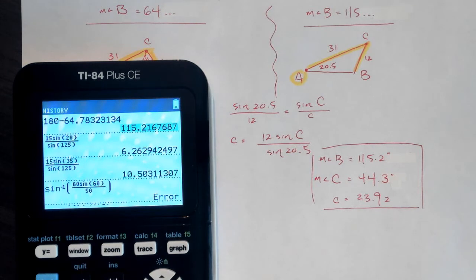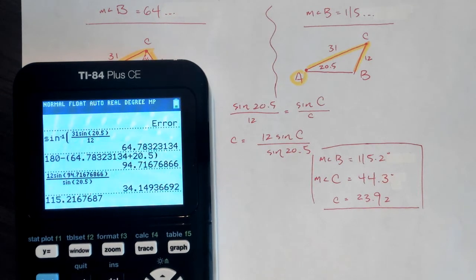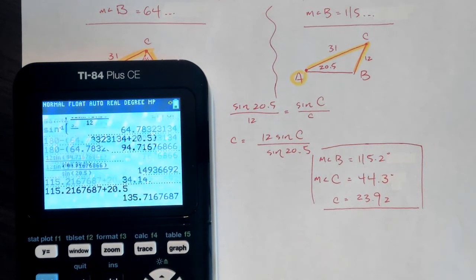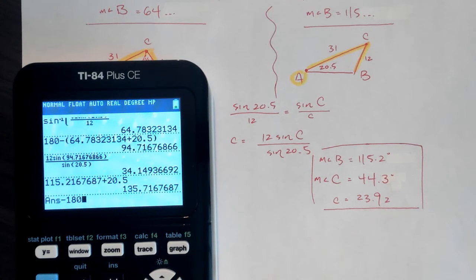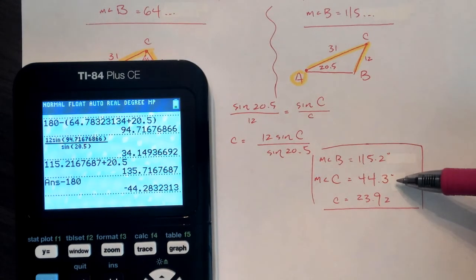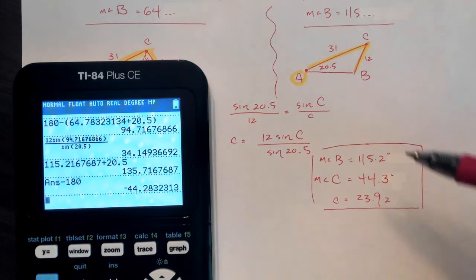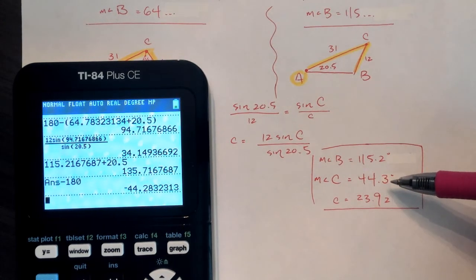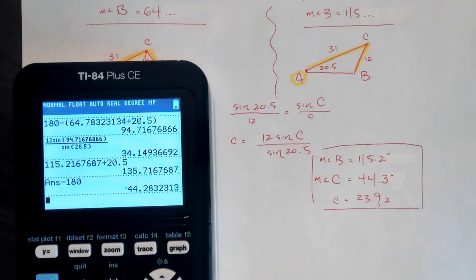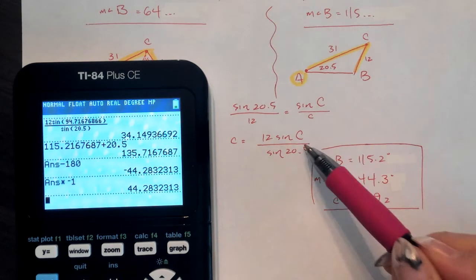So I'm going to grab this, copy paste. I'm going to add it to 20.5. I'm going to subtract 180, but I know it's going to be negative, but that's okay. So this is positive 44.3 because I subtracted the wrong way over here, which is fine. So I have a positive 44.3. Okay. I'm going to actually multiply that by -1 to make it positive because I want to use it for this equation.